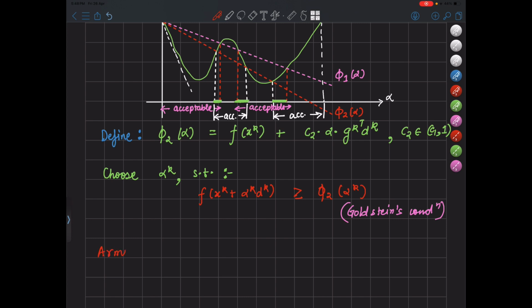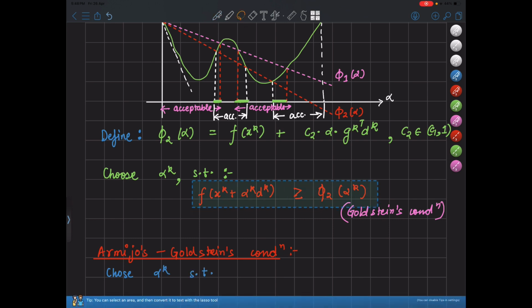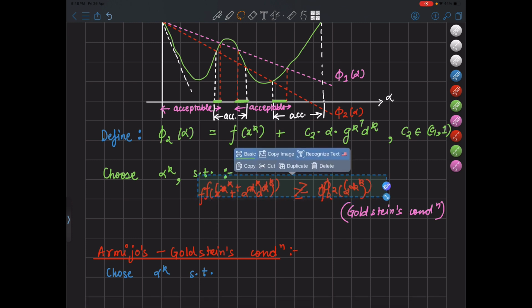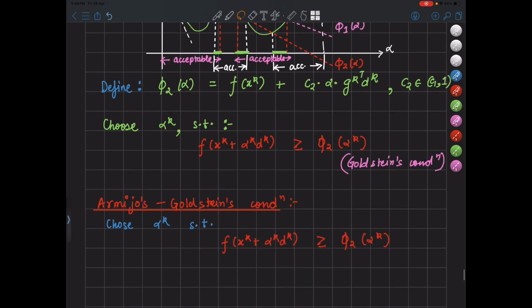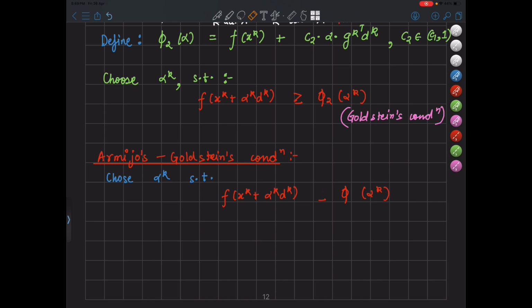So Armijo-Goldstein condition: choose alpha k such that phi1, phi2 hold.